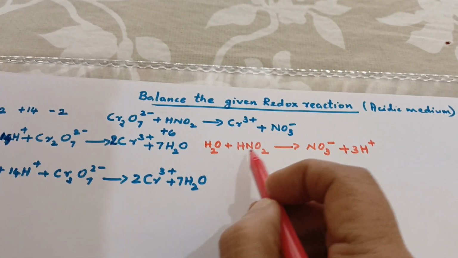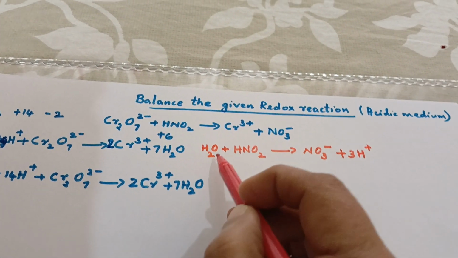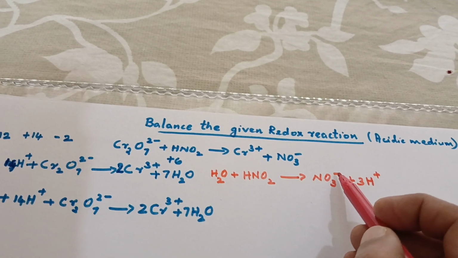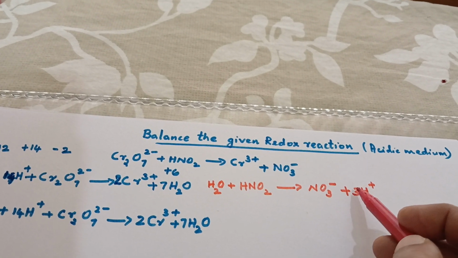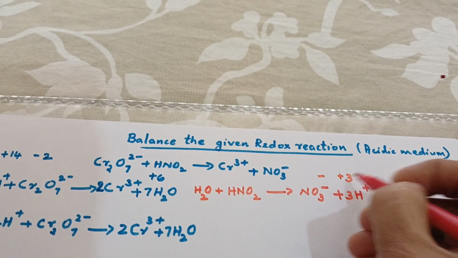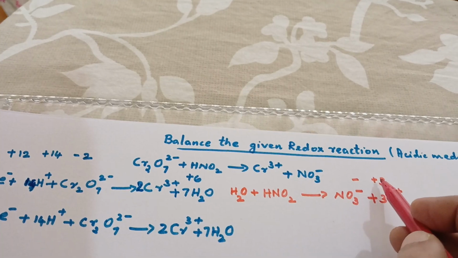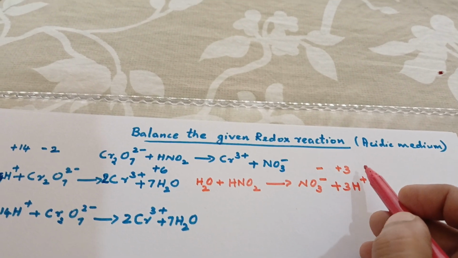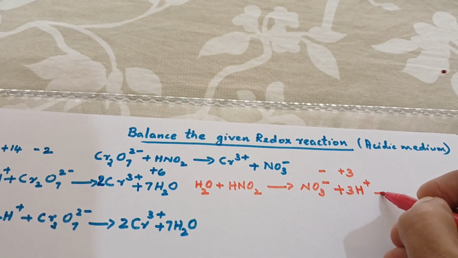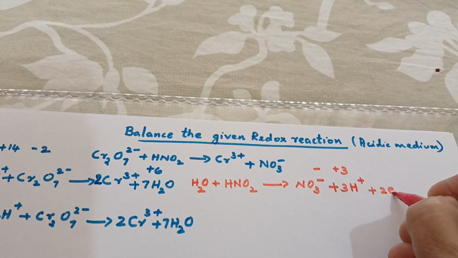Any charge on the left hand side? No, there is no charge on the left hand side. Here we have 1 minus and 3 plus. So minus 1 and plus 3. That will be a resultant charge of plus 2. So in order to balance that, we can add 2 electrons on this side.